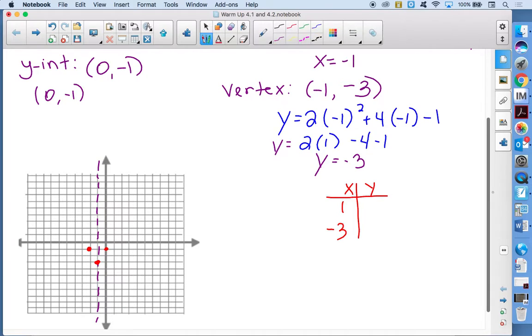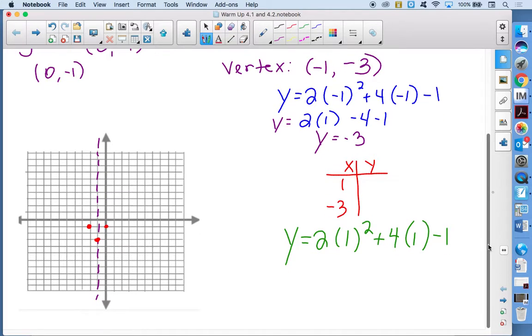So if we use the 1, plugging it into the problem, we would have 2 times 1 squared plus 4 times 1, and then -1. So this is 2 times 1 plus 4 minus 1 gives us a value of 5. So again, whatever x you pick, look at your graph and just go 1 beyond with the points that are currently on your graph.